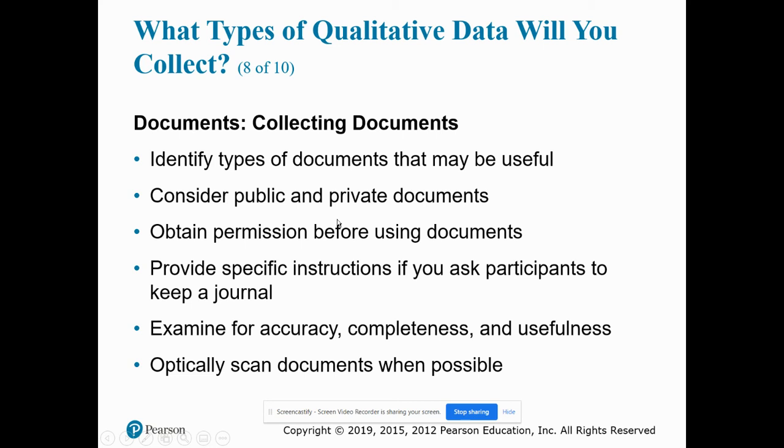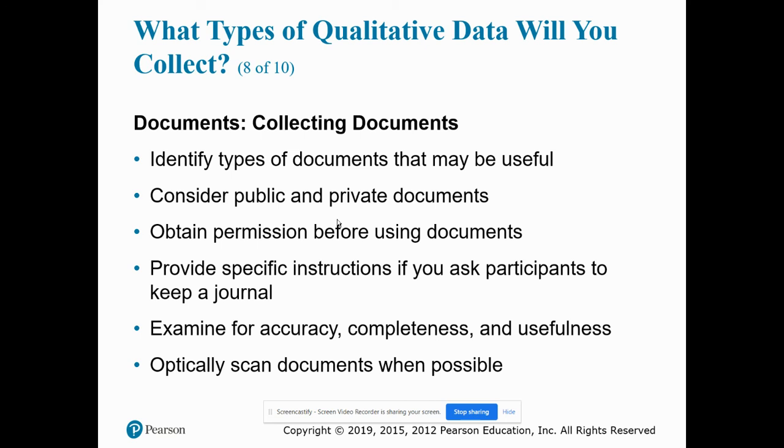Now, another way to get qualitative data is by looking at documents. So this is our third way of getting data. You identify different types of documents that might be useful, so you need to think about that. And then you might get private or public ones. You have to get permission before you use those documents.